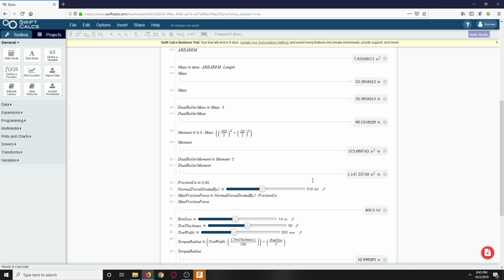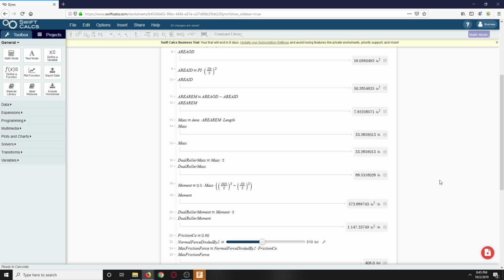So what that means is that with the mass being lower, we have 573 inch-pounds per roller, and 1,147 inch squared pounds for a dual roller. That's assuming both wheels are contacting for that weight.